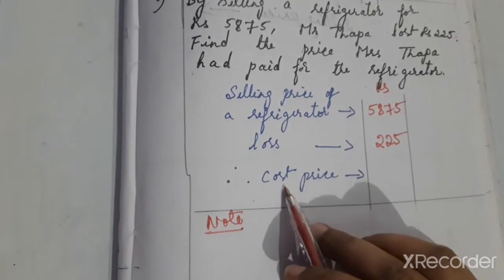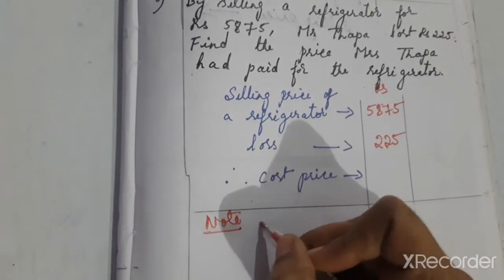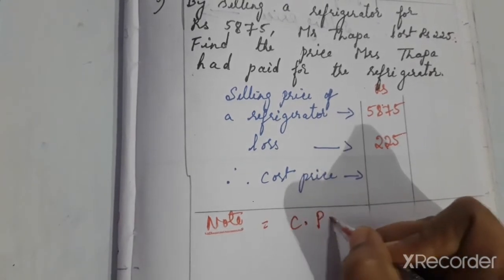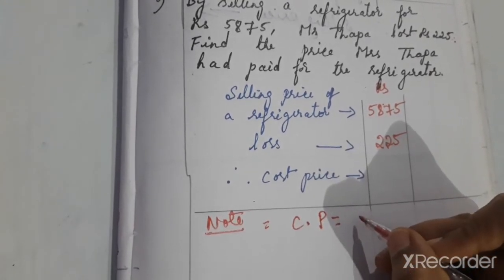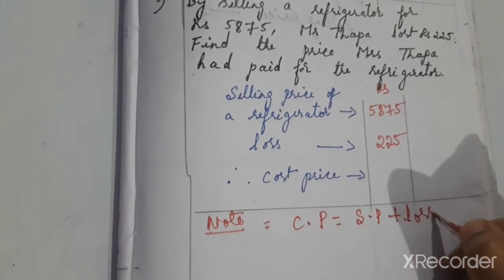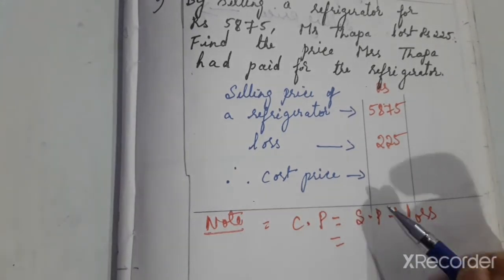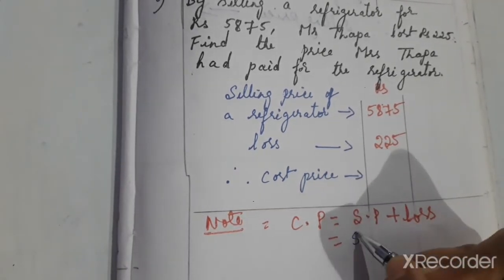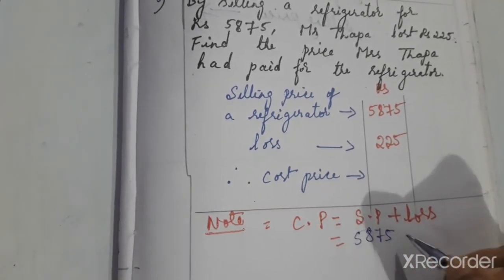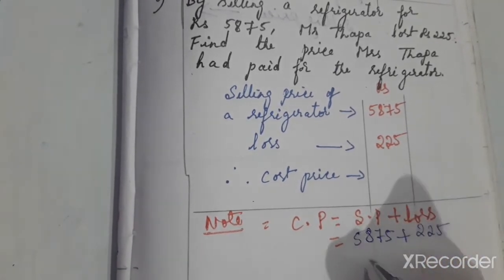To find the cost price when selling price and loss are given, the formula is cost price equals selling price plus loss. What is the selling price here? 5,875 plus loss 225.